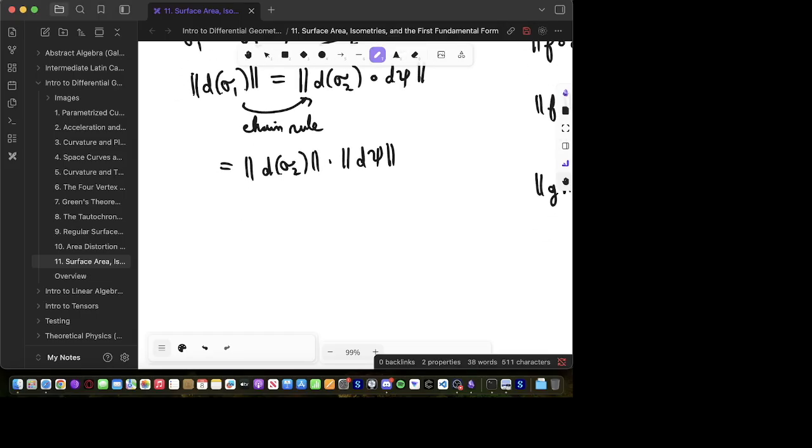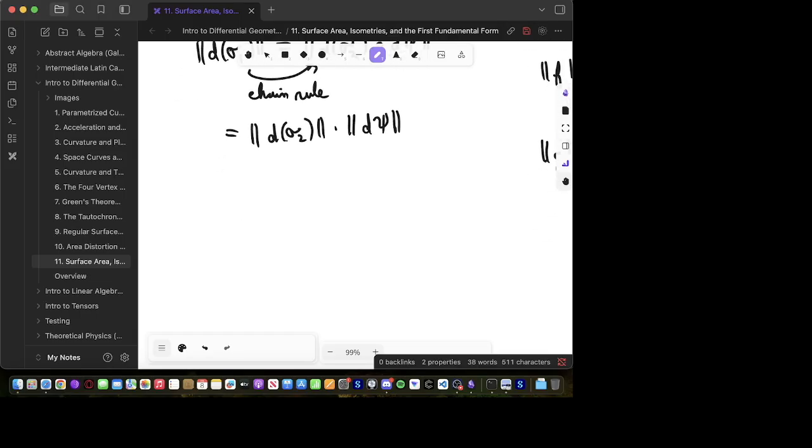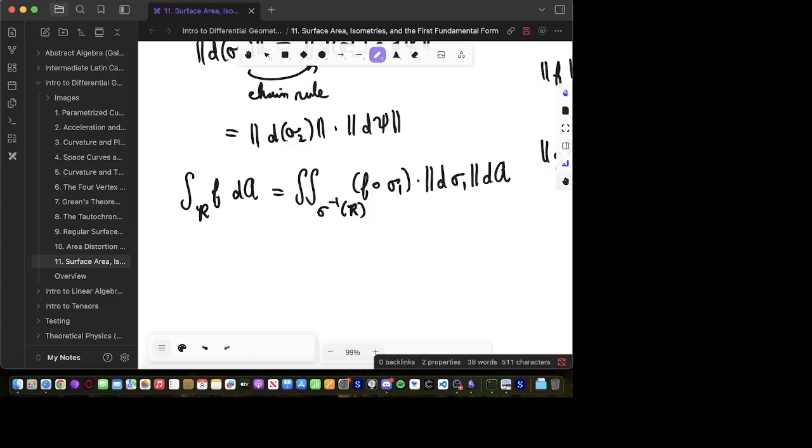Therefore, now let's consider the integral of function f over R, which we have defined as the following. This is just by our definition of integration.